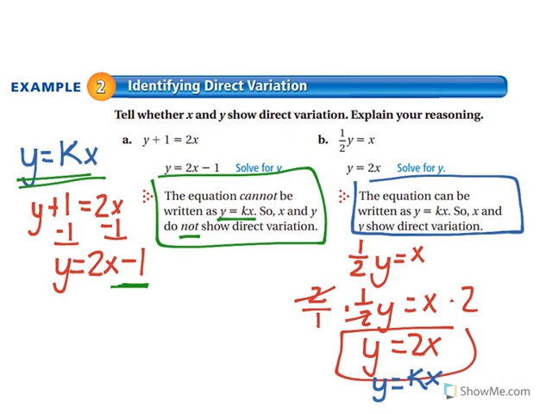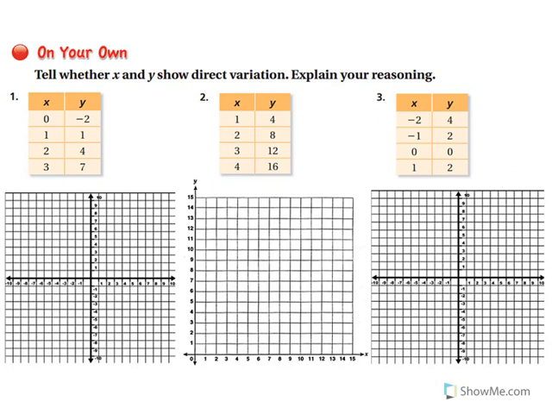So let's go ahead and move on. We now have an on your own. Now you'll notice that I've made 2 of the coordinate graphs different than what you have. If you want to, you could do this on separate graph paper, or you could try your best on the sheet that I gave you. Or I'm going to give you one of those small sheets of graph paper, and I can attach it to your notes.